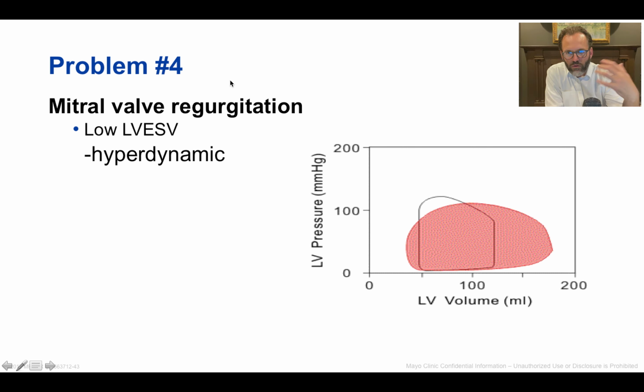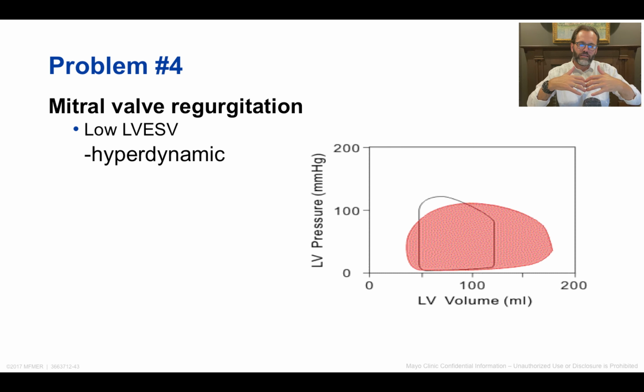And so in early stages of mitral valve regurgitation, what you'll have is a low left ventricular end systolic volume. That is because as the ventricle contracts, instead of having all of the blood go anterograde and go out of the aortic valve and push that mitral valve shut and enable all the blood to go anterograde through the aortic valve, now there's regurgitation and incompetence in that mitral valve.